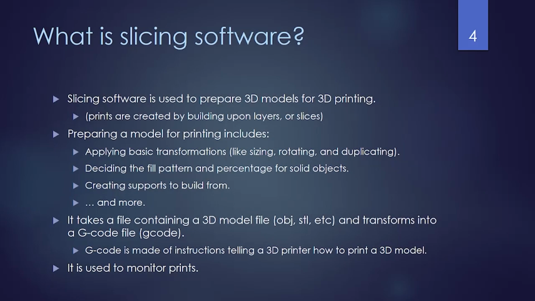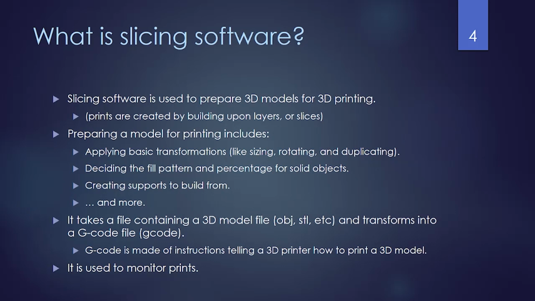I called Cura a slicing application, so what exactly does that mean? Slicing software is what's used to prepare 3D models for 3D printing. If you didn't know, pretty much all 3D printing is building upon layers, and when you're working inside the software, it kind of looks like slices, so that's probably where it gets the name.